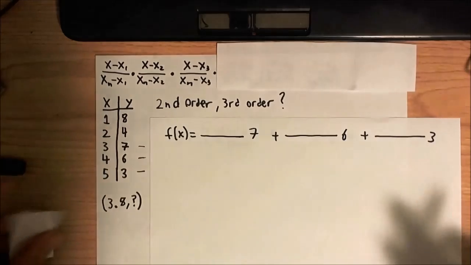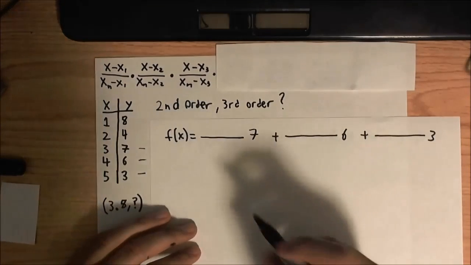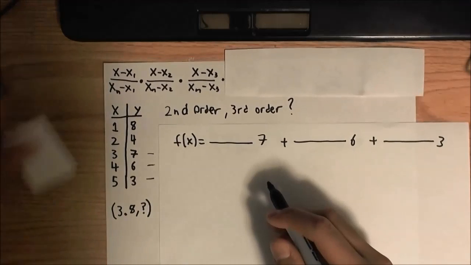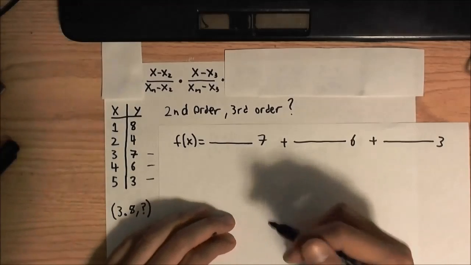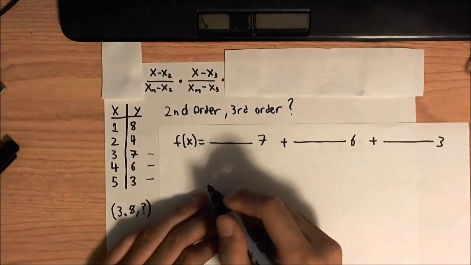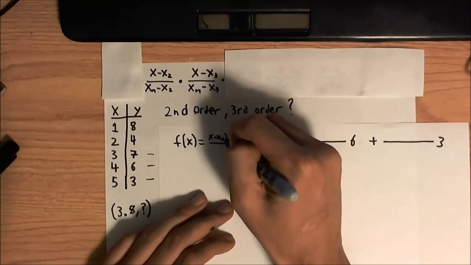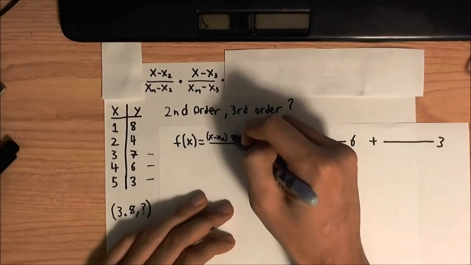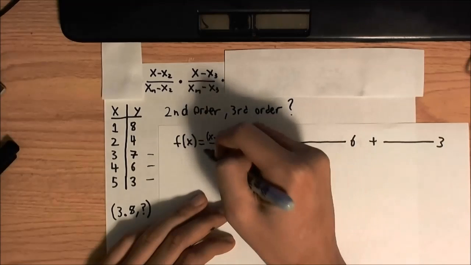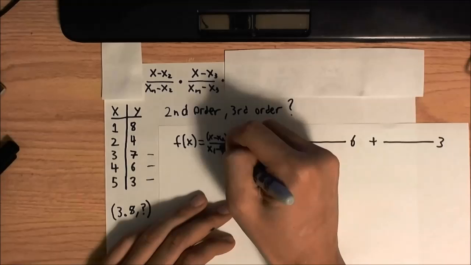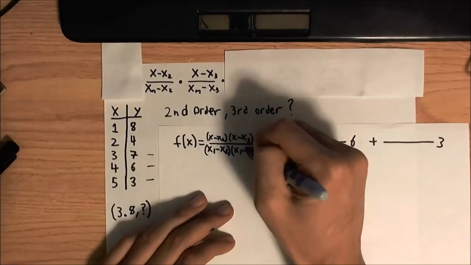So for our first term, n up here would be equal to 1, and since this is our first term, we would exclude the first Lagrange part, giving our first Lagrange polynomial term as x minus x sub 2 times x minus x sub 3 over x1 minus x sub 2 times x1 minus x sub 3.